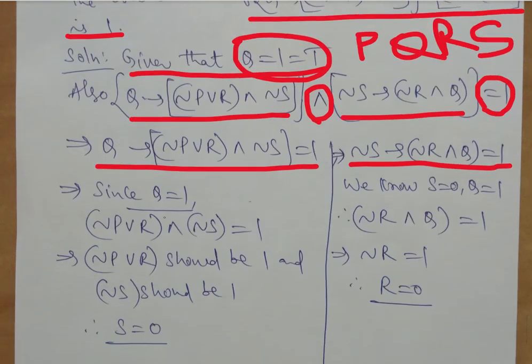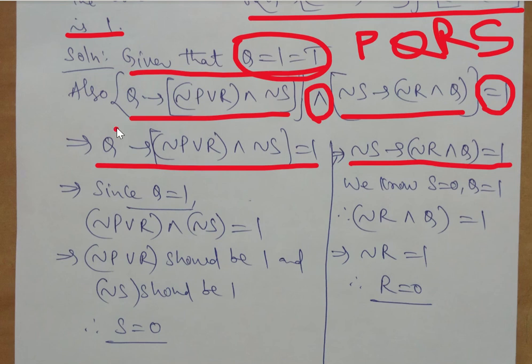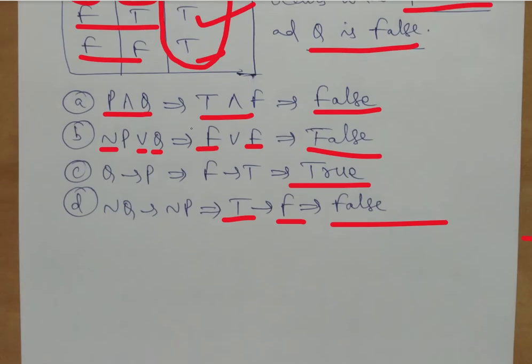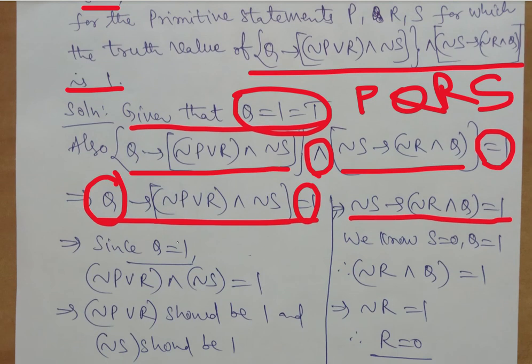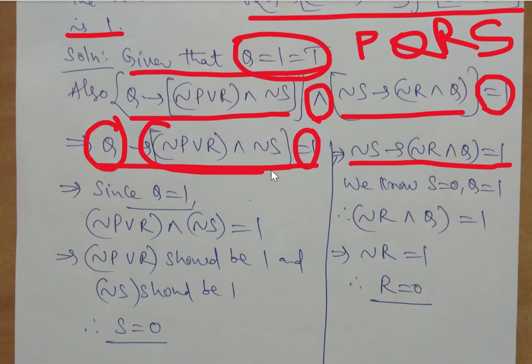Now, assuming this is true, here we know that this value is true, this value we don't know, and the result is 1. Again, in the case of implication, a true implies something gives true only when the second value is also true. Look at this table. In this, the truth value is given in only one condition, so implicitly this is also true.